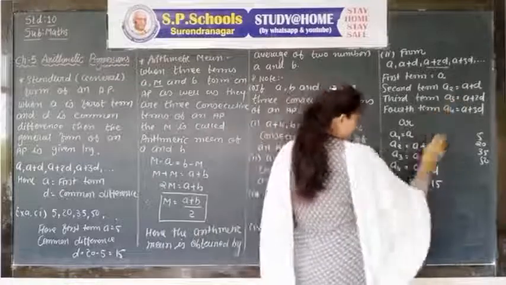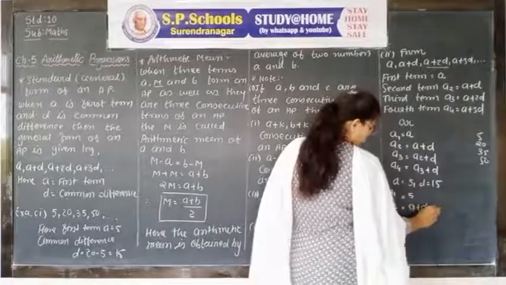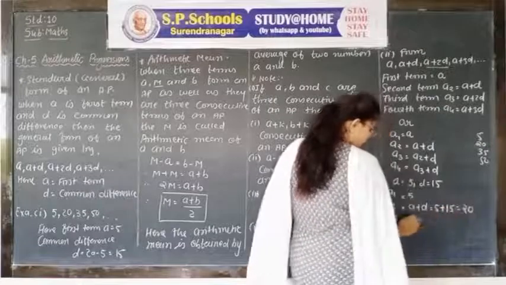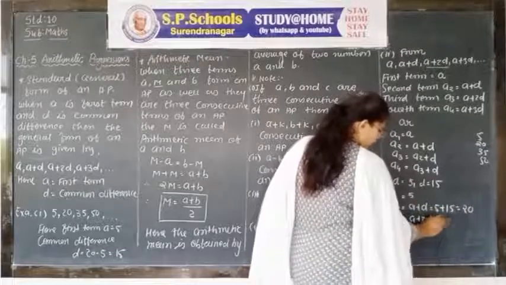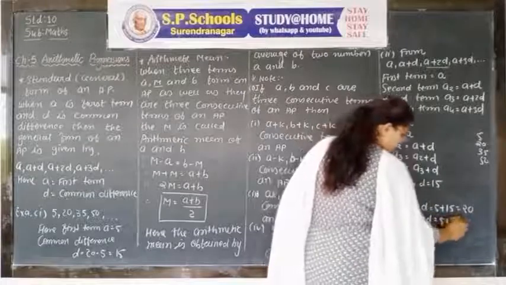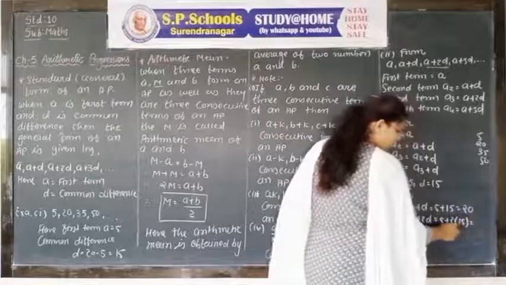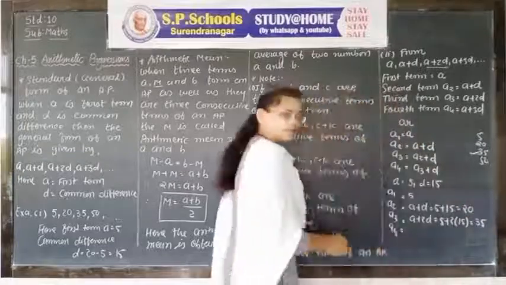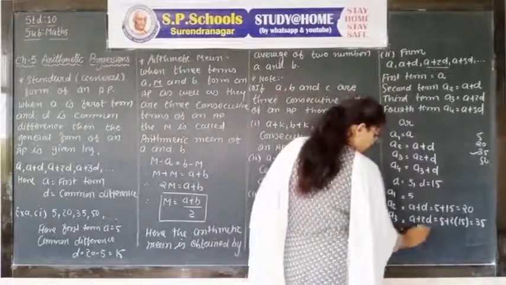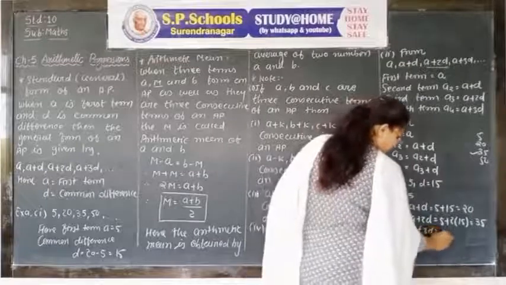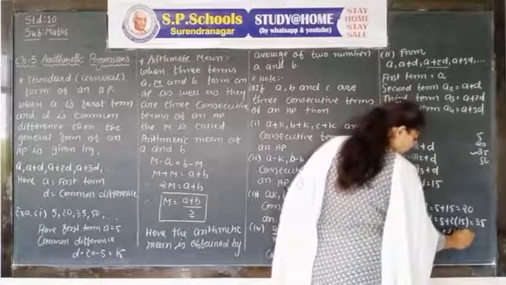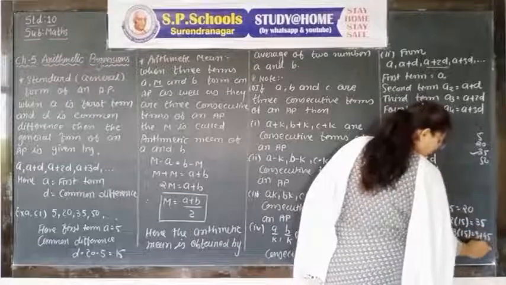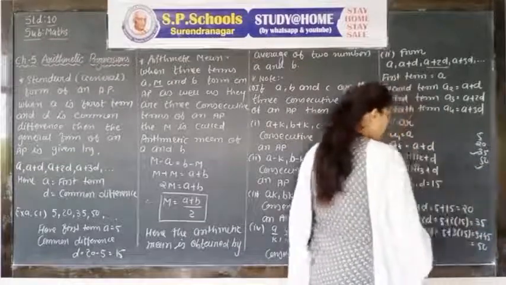A2 is A plus D, where A is 5 and D is 15, equal to 20. A3 is A plus 2D, where A is 5 and 2 times D is 30, and 30 plus 5 is 35, which is our third term. In the same way the fourth term A plus 3D is 5 plus 3 times 15, which is 45, and we get 50. It is our fourth term.